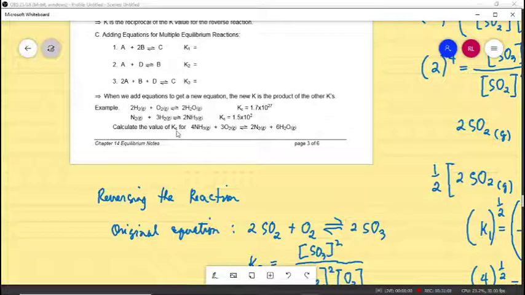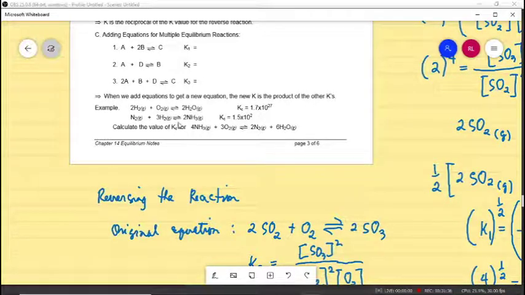But there is another way of solving for the overall K sub C using the values of K sub C for the intermediate processes.